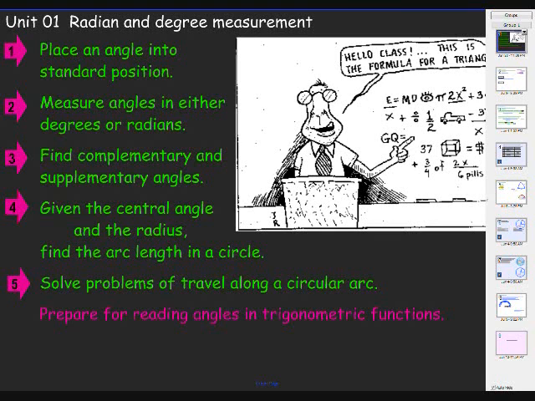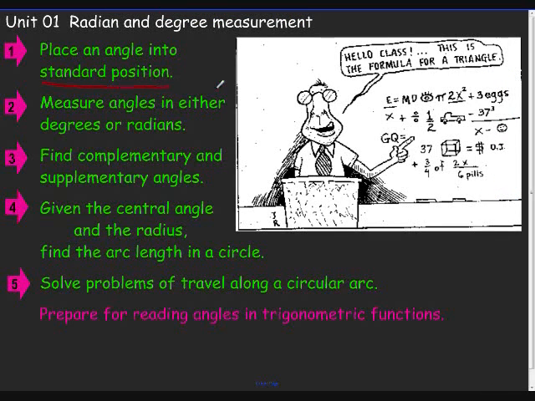Here we are back again for the second part of Unit 1 on radian and degree measure. Let's just recap what we did in the first session that we had. We worked with standard position, made that clear what that was.